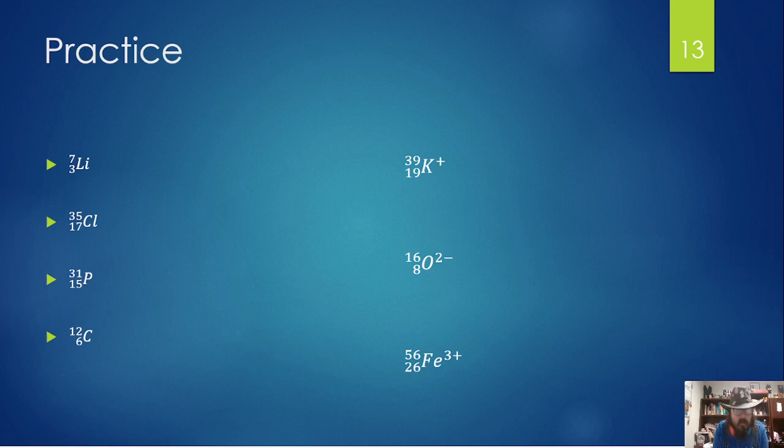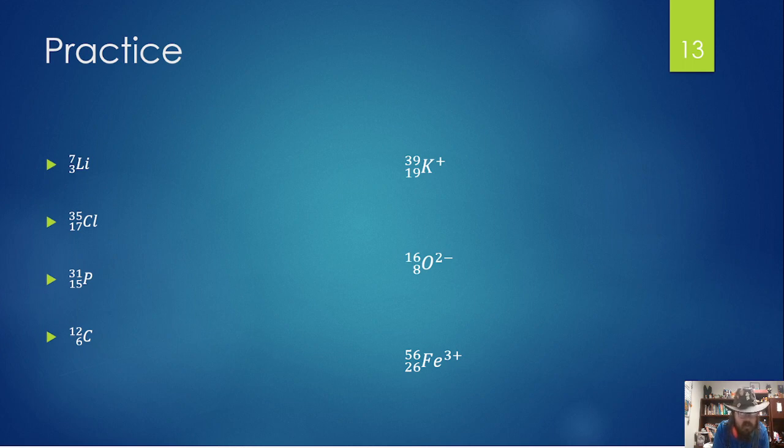Chlorine. Chlorine is neutral in this case, 17, so 17 protons. It must also have 17 electrons because it is neutral. The mass number is 35, so to make up the difference in mass, we must have 18 neutrons. Now, what's not shown here is that there is another common isotope of chlorine, which is chlorine 37.